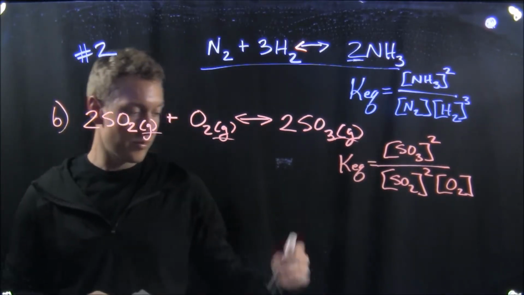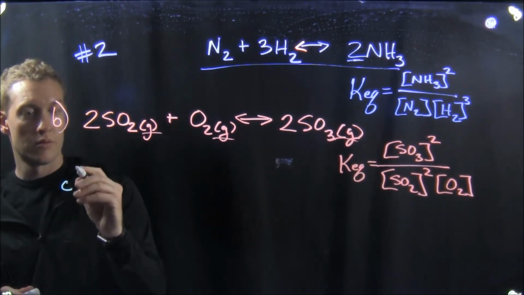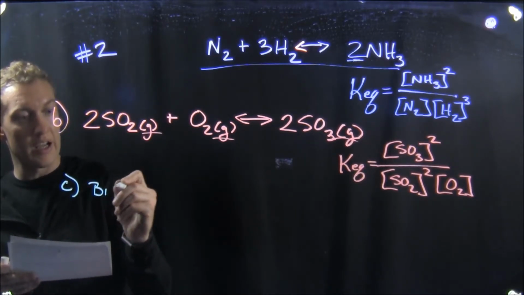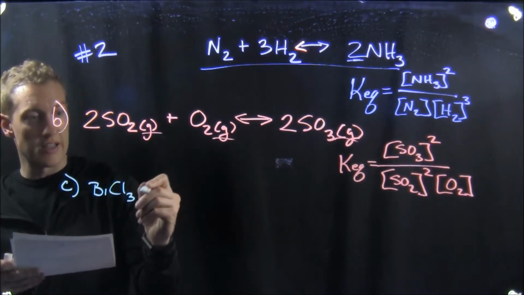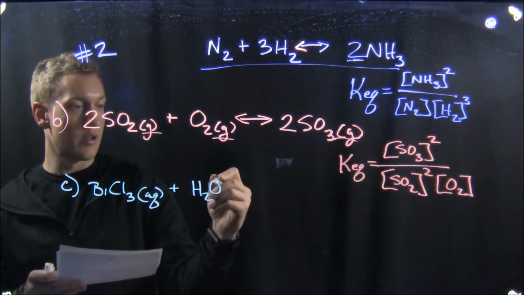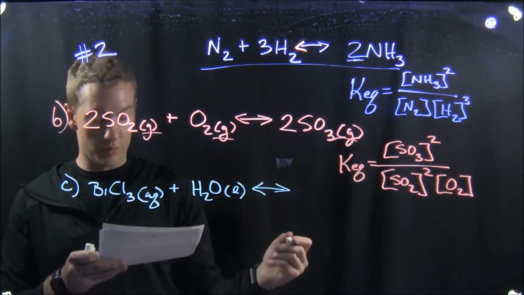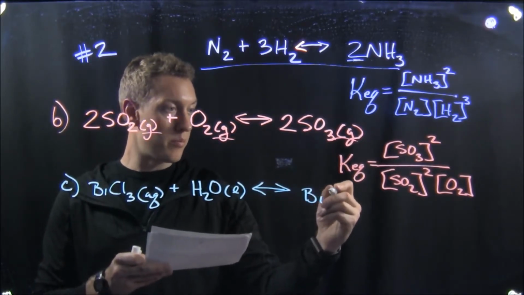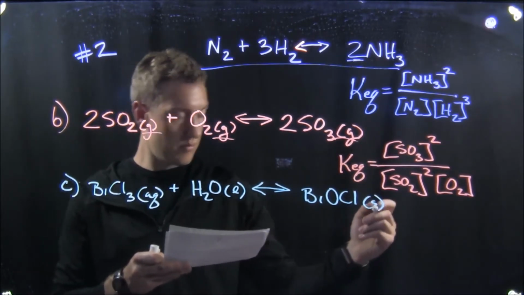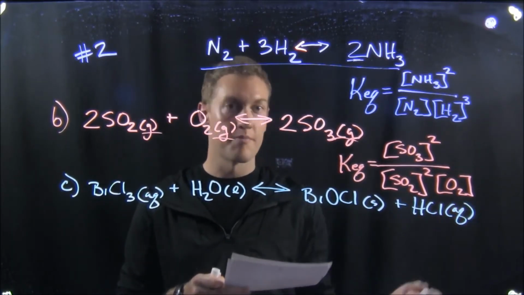And lastly, reaction C is BiCl3 as an aqueous compound plus water as a liquid reacts to form BiOCl as a solid plus HCl as an aqueous compound.